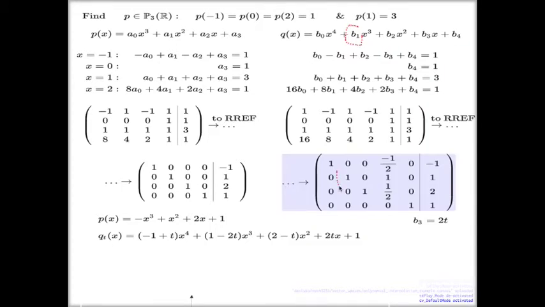So B1 comes from this line. When we solve for this B1, that's a pivot on B1. You get 1 take 1 of B3. That's why we get 1 take double T. And the B0 solution, the B naught value, it's the first column, we solve it from here. It's -1 plus t, that's right. Here's my Q.